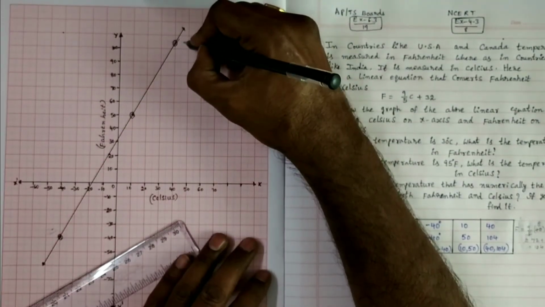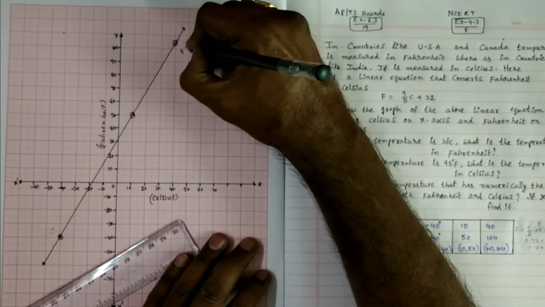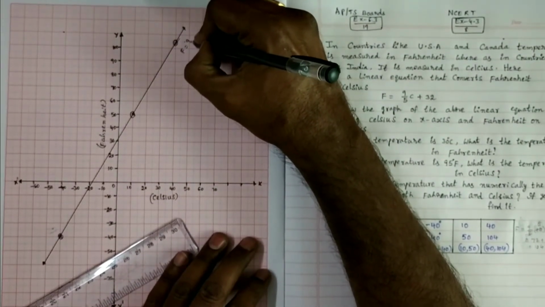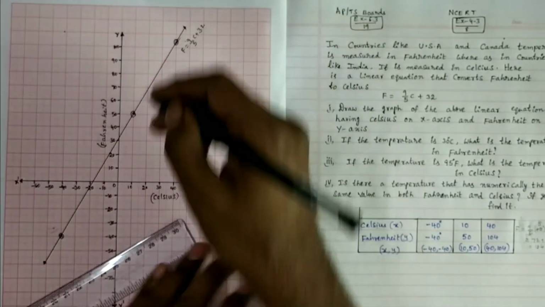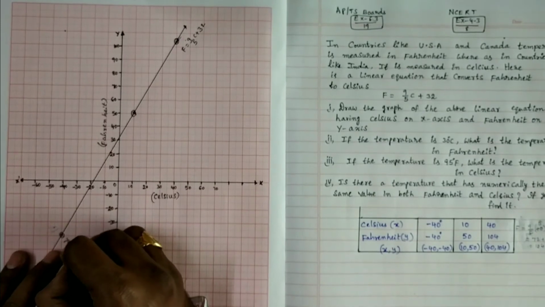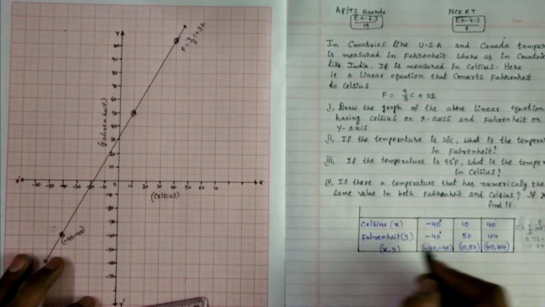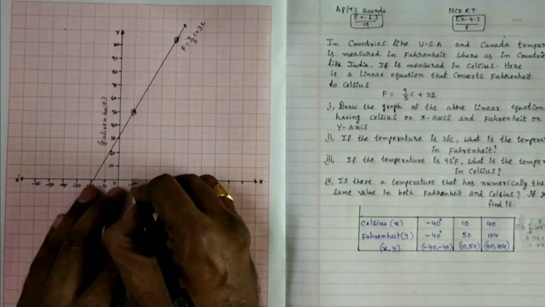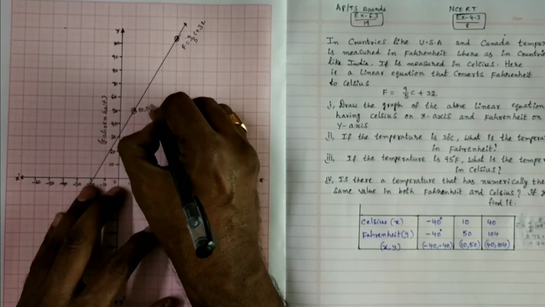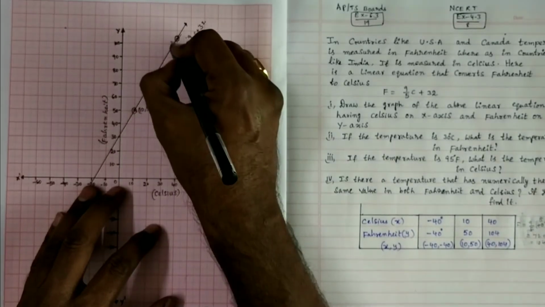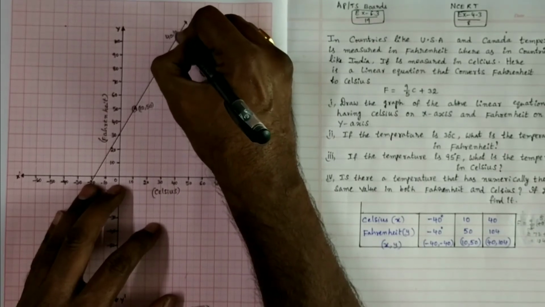This line represents F equals 9 by 5 C plus 32. This point is minus 40, minus 40. This point is 10, 50. And this point is 40, 104.